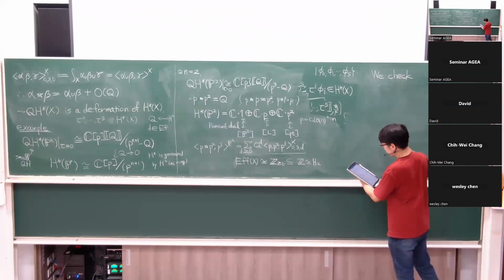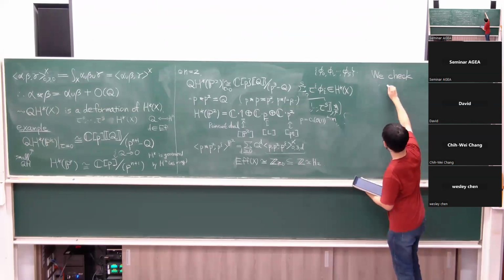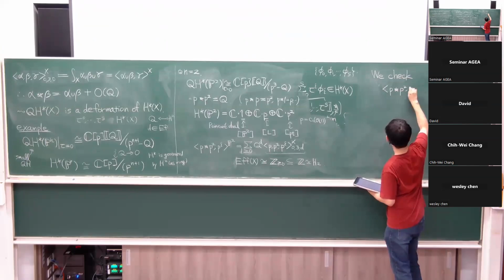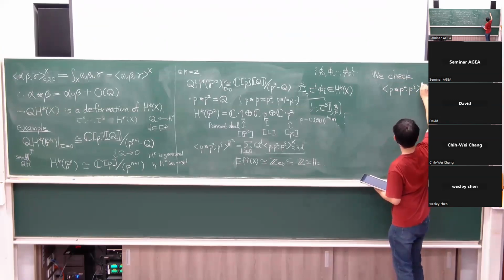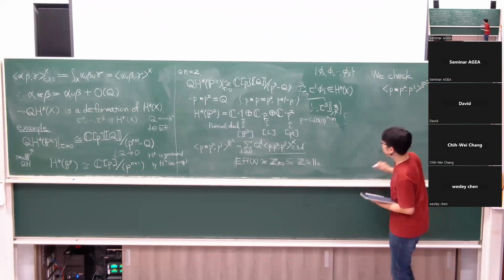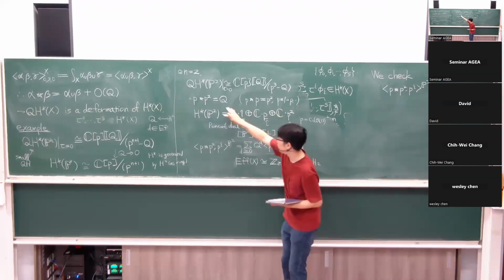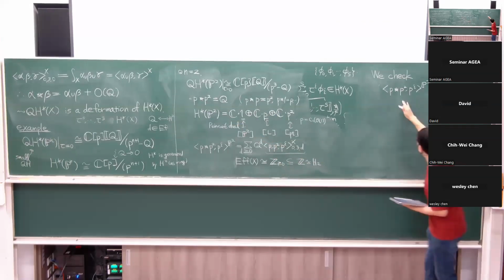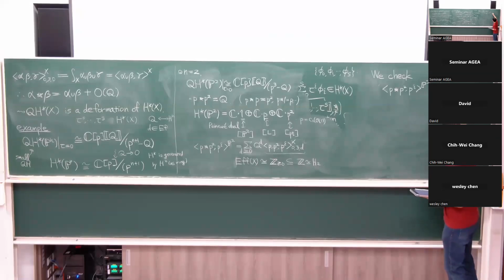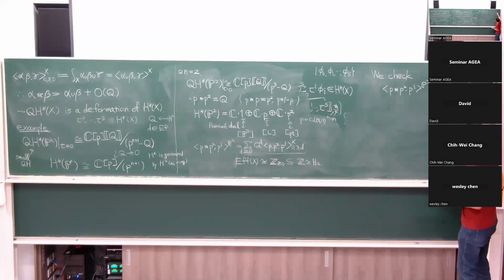On the other hand, by using this relation, this pairing should be equal to 0 for i equal 0, 1, and Q for i equal 2, okay?